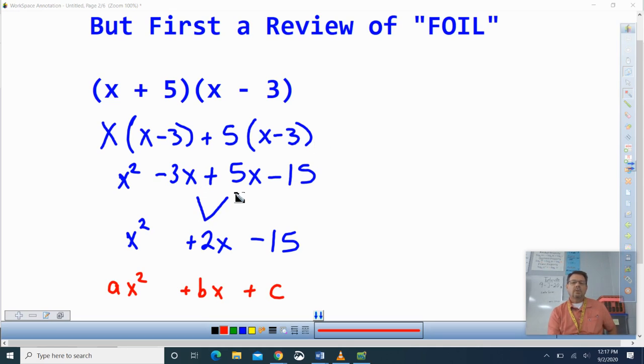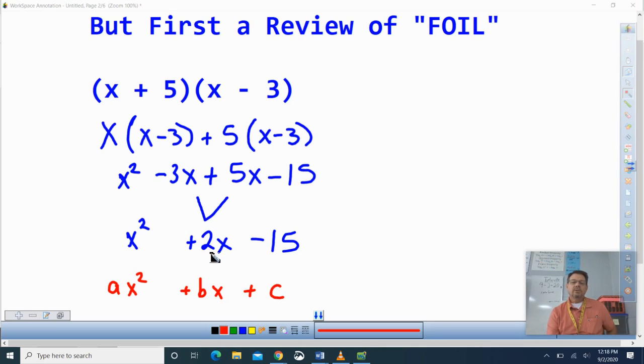And so I want to talk to you about something. Where did this 15 come from? Well, it came from these two numbers being multiplied, didn't it? Where did the 2x come from? Well, it came from these two numbers being added together to make the middle term.